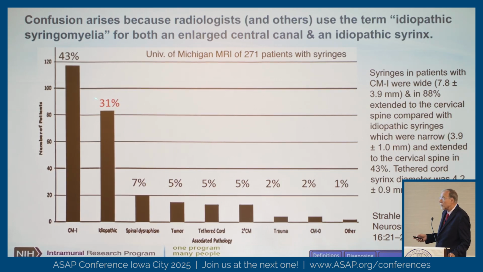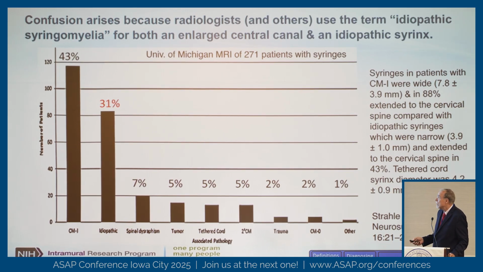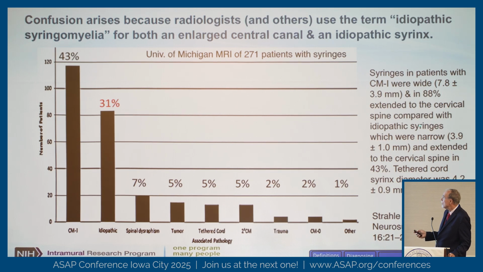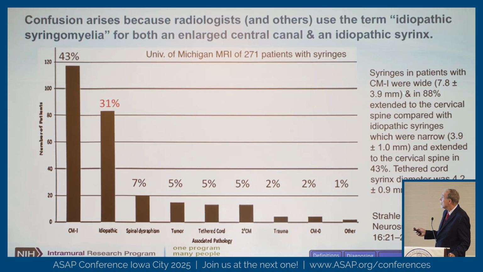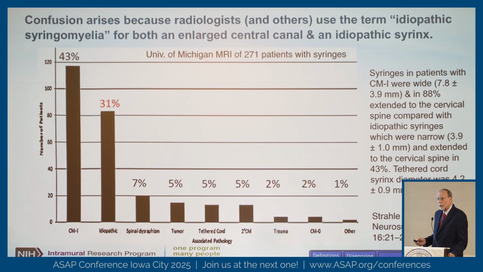But see, the radiologists were diagnosing idiopathic 31% of the time. However, these idiopathic syrinxes were very narrow, about 4 millimeters in diameter. Batstorff's average was 2, so the average was a little larger here. Whereas if somebody had a Chiari, the average was almost 8 millimeters. So the Chiari syrinxes were larger.